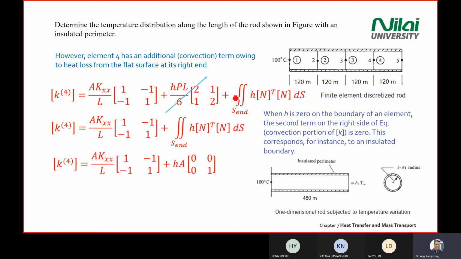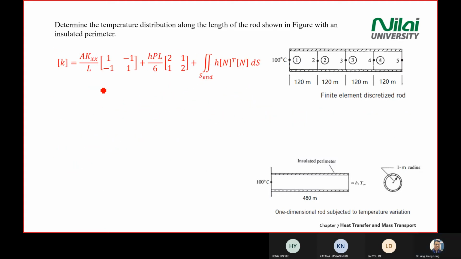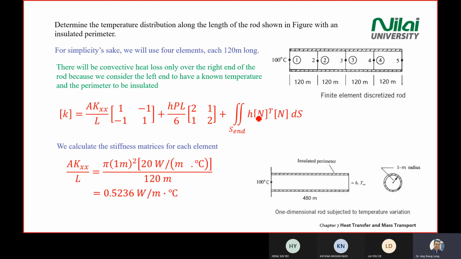All right. Now in this case, it's straightforward like the example that we have. So we can straight away write the convection at the end, HA bracket 0001, and then you have all the element matrices already. Okay, so to solve this kind of question, the first step, you write the general equation. We did this one.